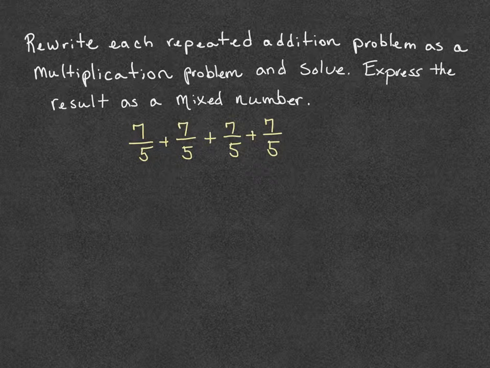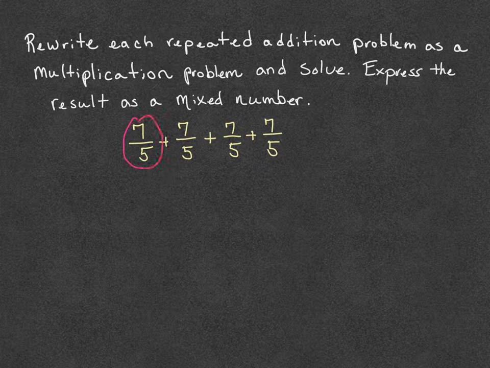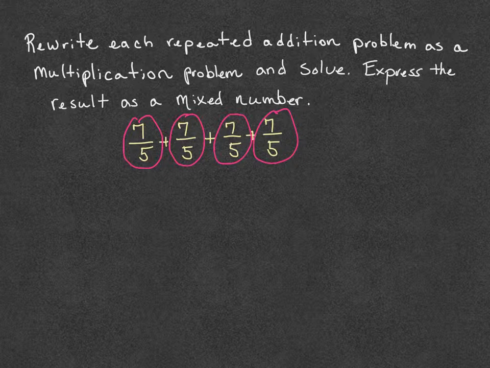Okay, so let's turn this into a multiplication problem. How many do we have? We have 1, 2, 3, 4. We have 4 groups of 7/5.